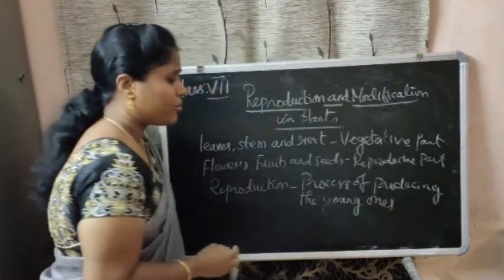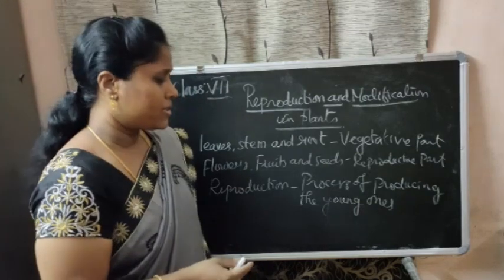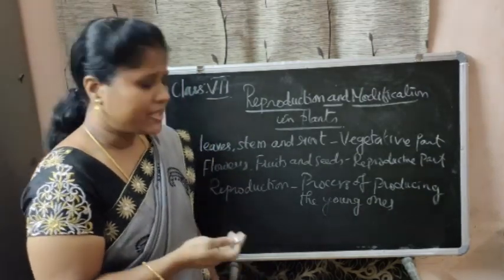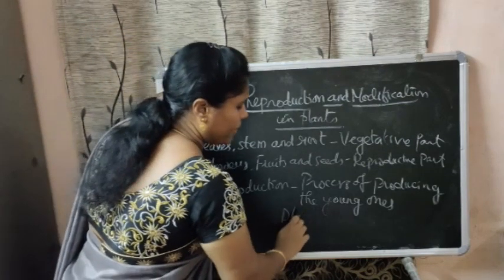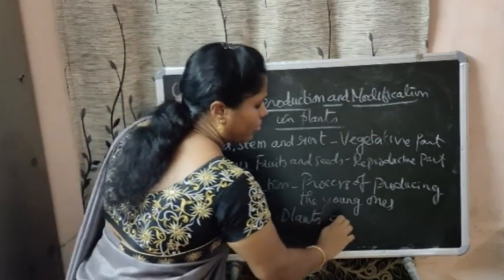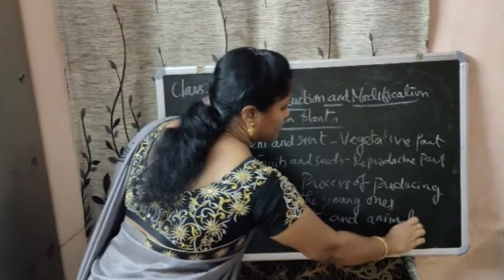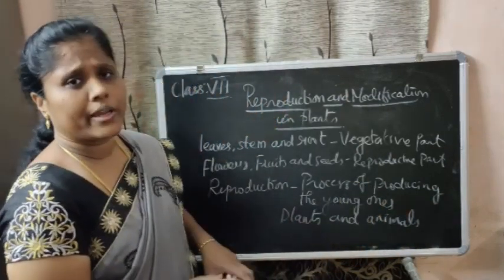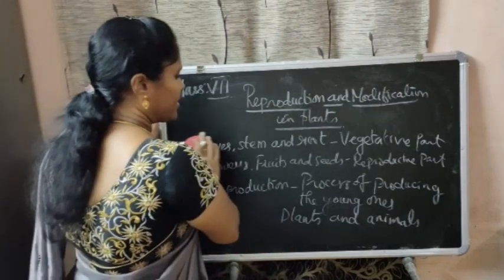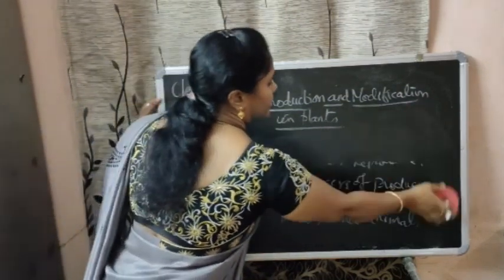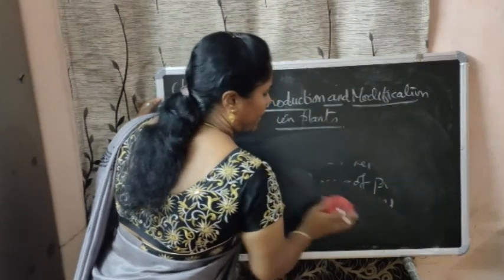By producing the young ones, one can increase the population. This happens both in plants and also in animals. Plants also reproduce and animals also reproduce to increase their population.